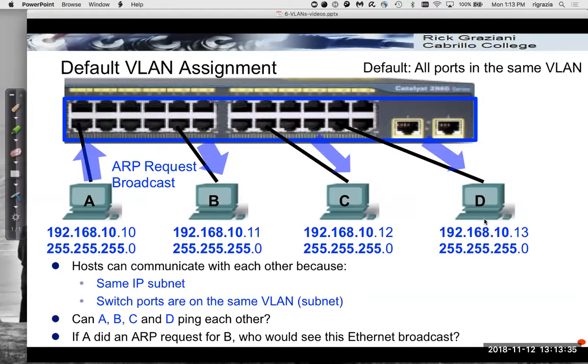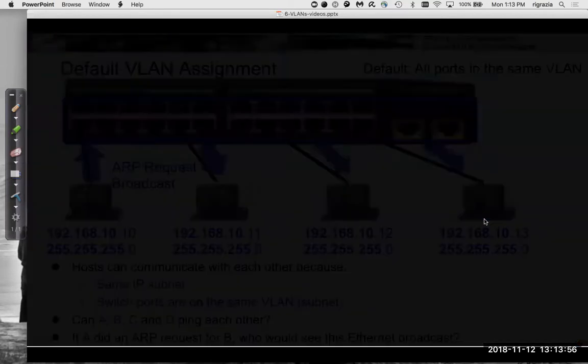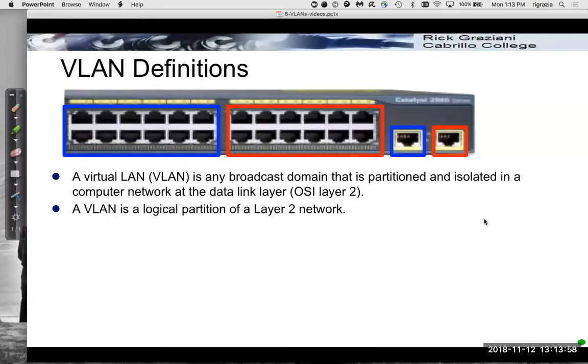Well, really what it does is it sends it out all ports that belong to the same VLAN as the incoming port. Oh, that's a key thing there. It came in on a VLAN 1 port, so the broadcast is going to be sent out all VLAN 1 ports.